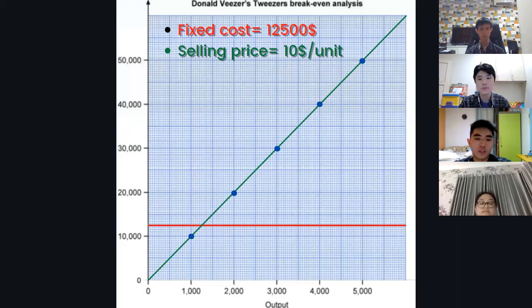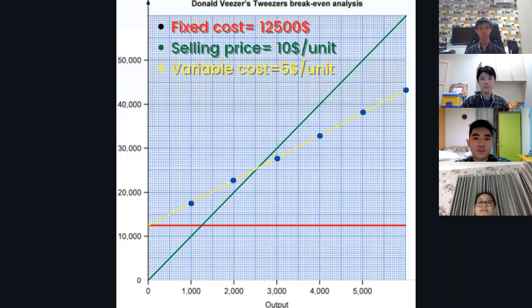So as you can see, a dot has been added on the graph at 10,000 for 1,000 units. We keep multiplying the output by the selling price until the 5,000 output. So we already have 5 dots on the graph, and then we draw a line passing through the dots to get the revenue line.